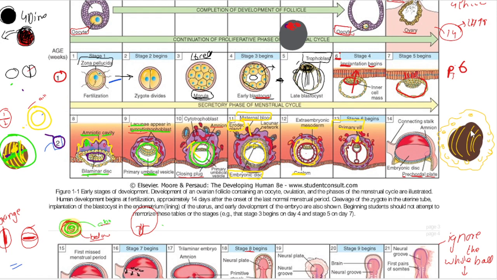This is the trophoblast, this is the syncytial trophoblast. And after that, the cytotrophoblast, this is the cytotrophoblast, this is syncytial. This trophoblast divided into two layers, one is the outer trophoblast, one is the inner trophoblast.